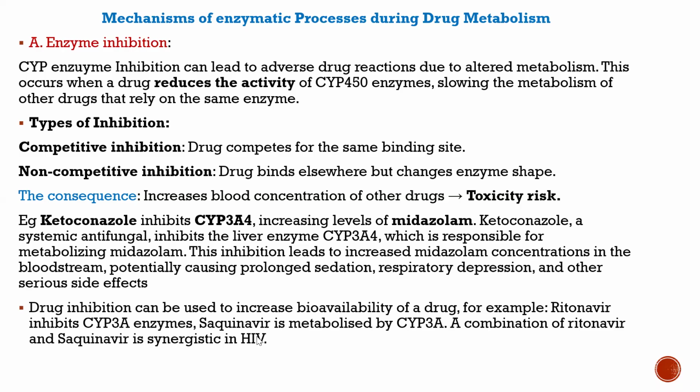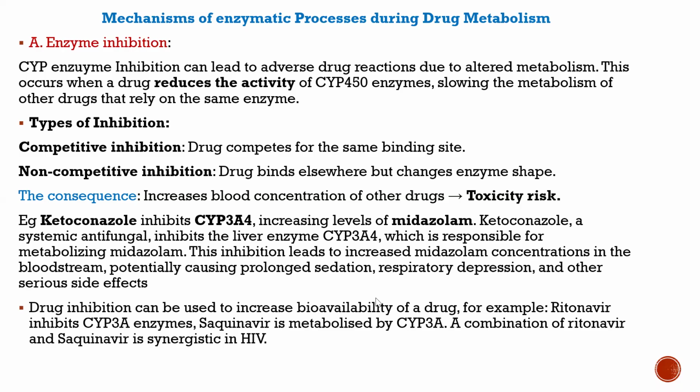So what this is talking about is that sometimes drug inhibition can also be beneficial, in as much as in many cases it causes a toxic effect. It can be beneficial in the sense that of these two HIV drugs, one is inhibiting the cytochrome P3A enzyme, which metabolizes a synergistic drug. That is a drug that works together with it. Synergistic means that they work together to produce a therapeutic effect.